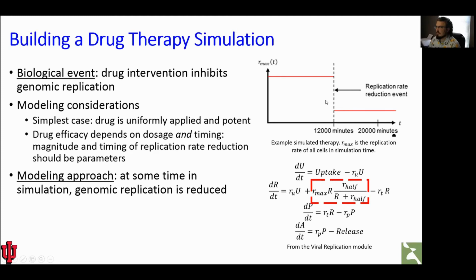In our case, we'll define how much this coefficient Rmax, which controls the amplitude of exponential growth inside cells, is reduced whenever our therapy is applied in a simulation.